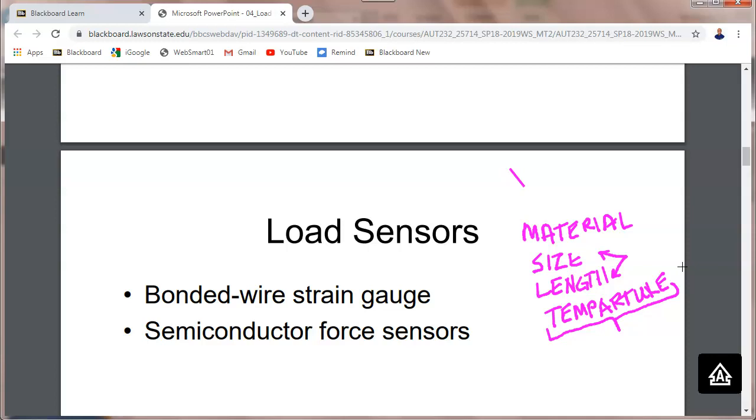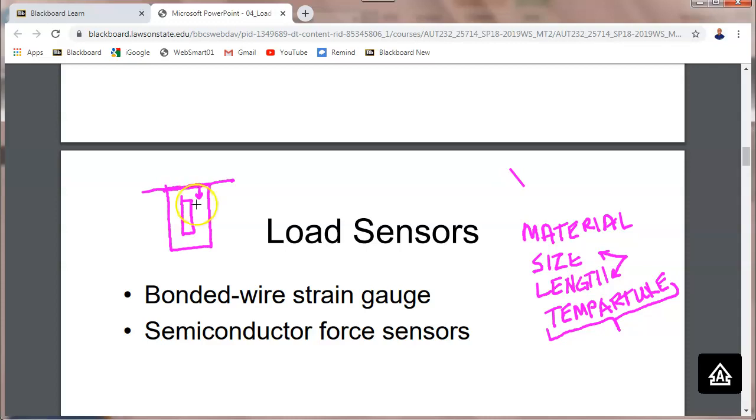How do we compensate? Basically, if I take a piece of metal and bond it to another piece of metal so it cannot move, and then I apply weight on this, it would cause this thing to squish. Y'all have all seen that, right? Like a balloon you push on.